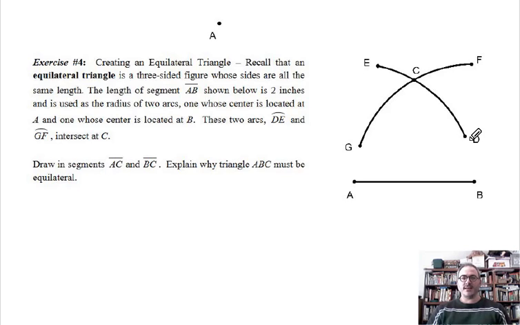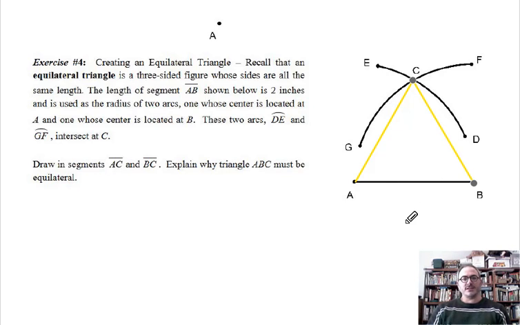All the points between D and E are the same distance from A as are the points on arc GF from B. So I get an equilateral triangle because I kept all the same distances. An equilateral triangle has three sides of the same length, so this side will be equal to this side, will be equal to that side. And I've done all that with arc marks and the help of some circles.